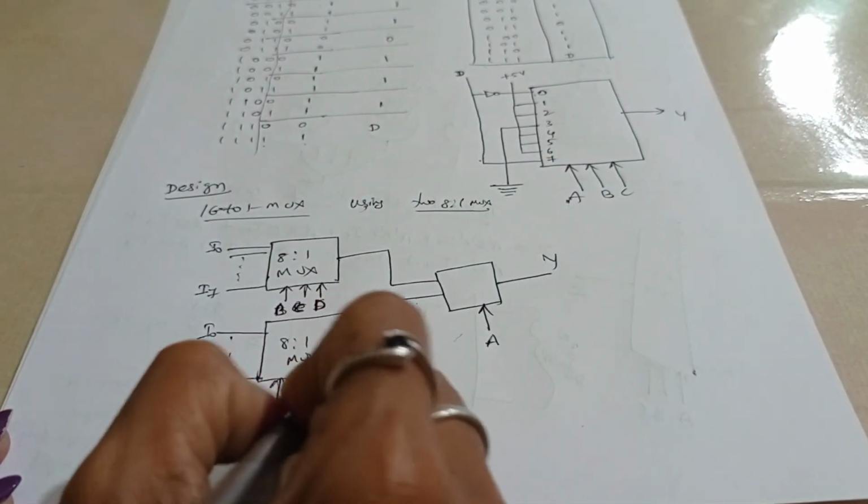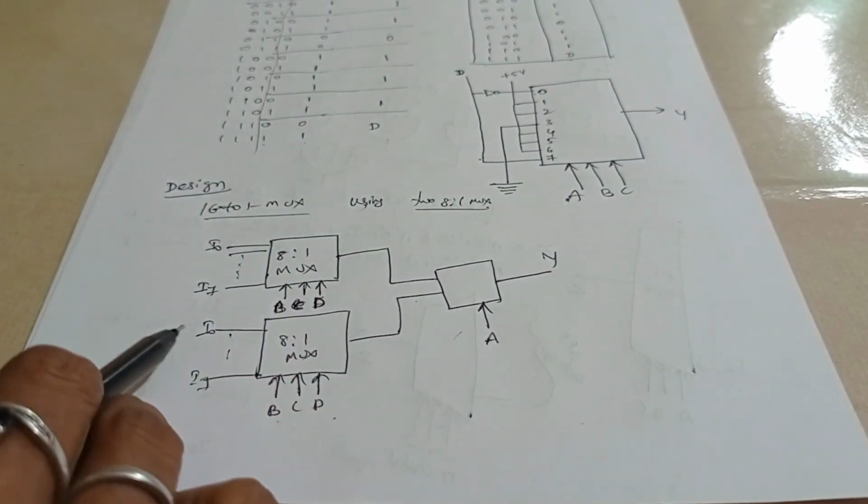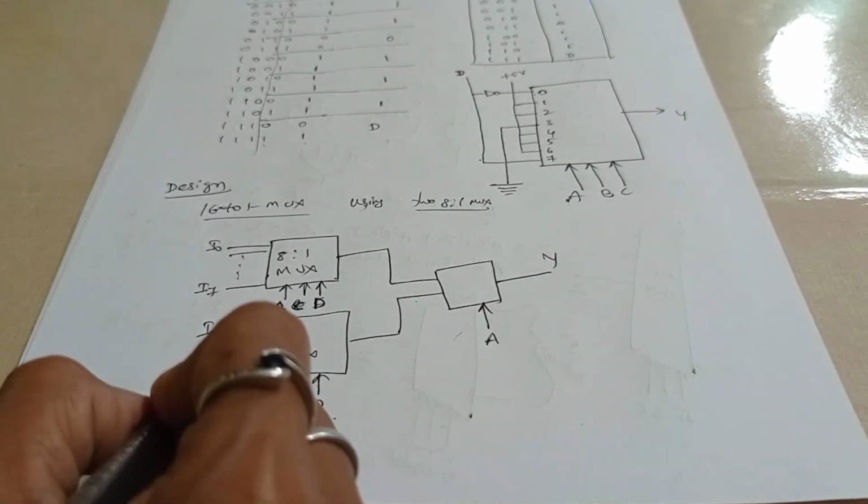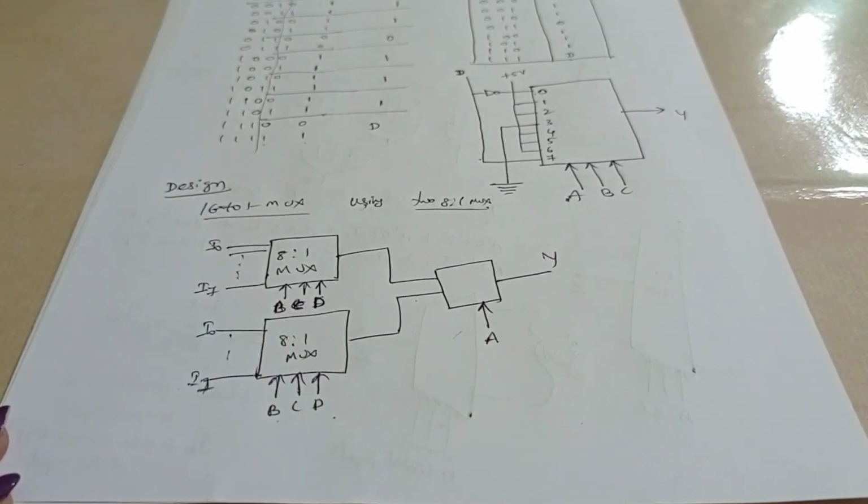Same for B, C, D: these are the 3 control lines to select one among the 8 data inputs.